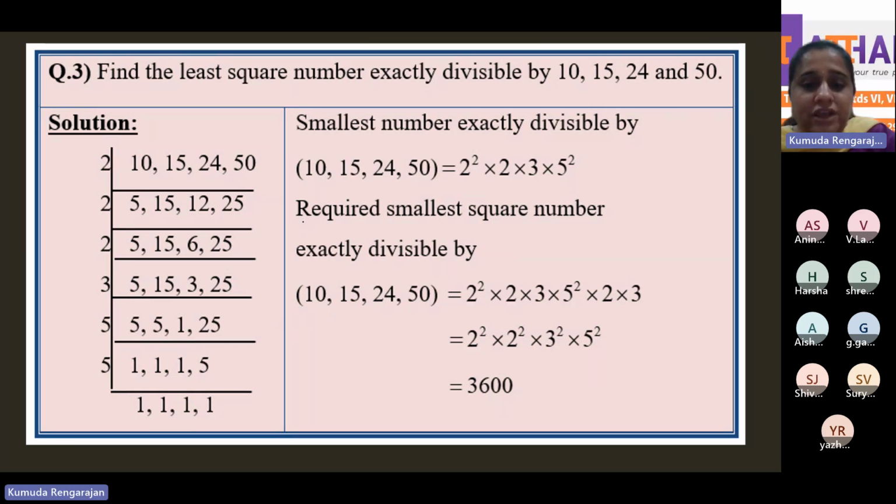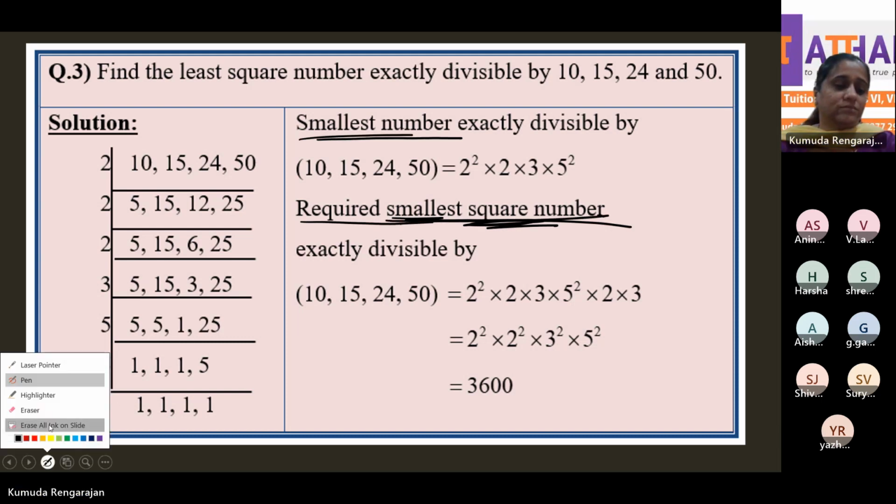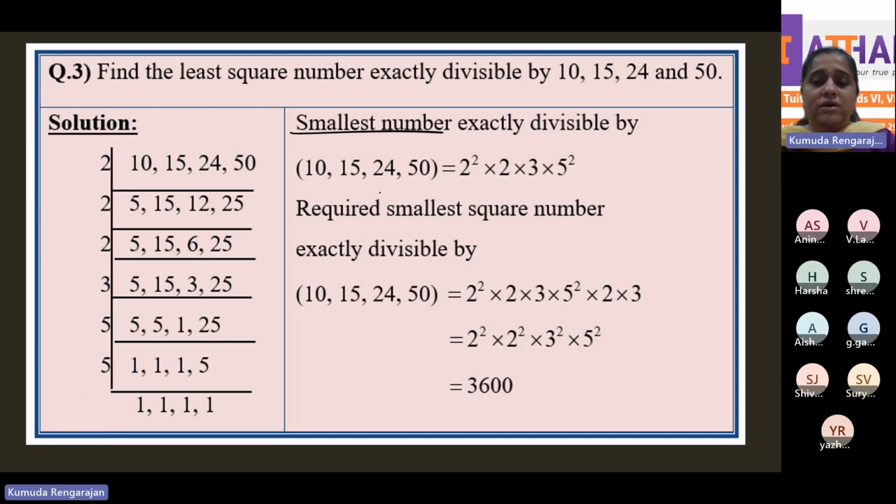So the next step, the required smallest square number. This is the smallest number, smallest square number. So to make it a square number, we're going to introduce a 2 and a 3. So this 2 square as it is, this 2 and this 2 becomes 2 square.